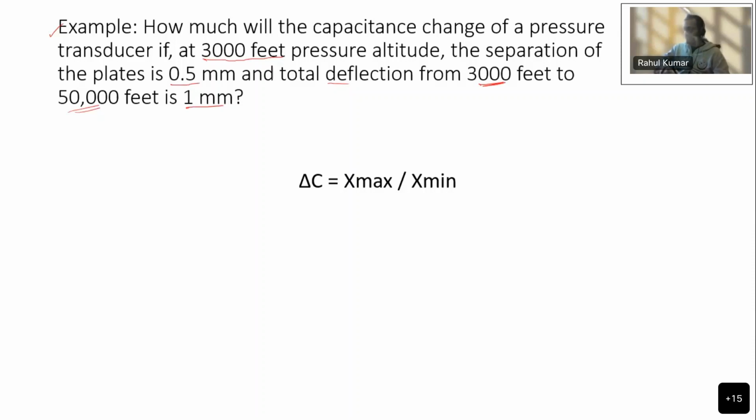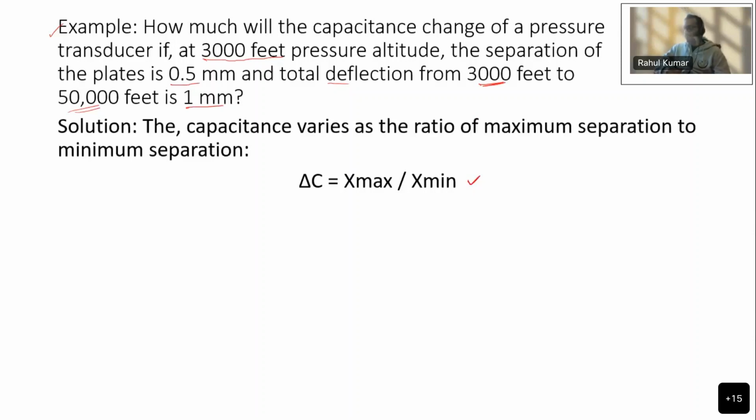So we are going to use this formula. The maximum deflection will be 0.5 plus 1. The aircraft is not at ground or sea level. It is already at 3000 feet and then going up to 50,000.